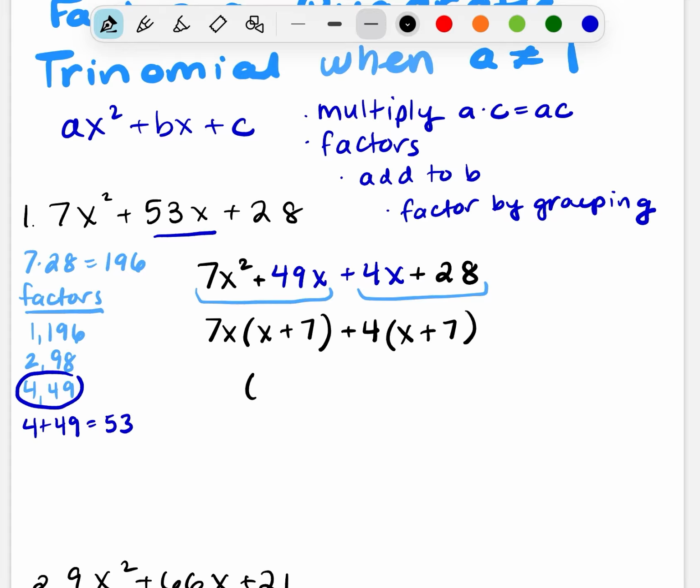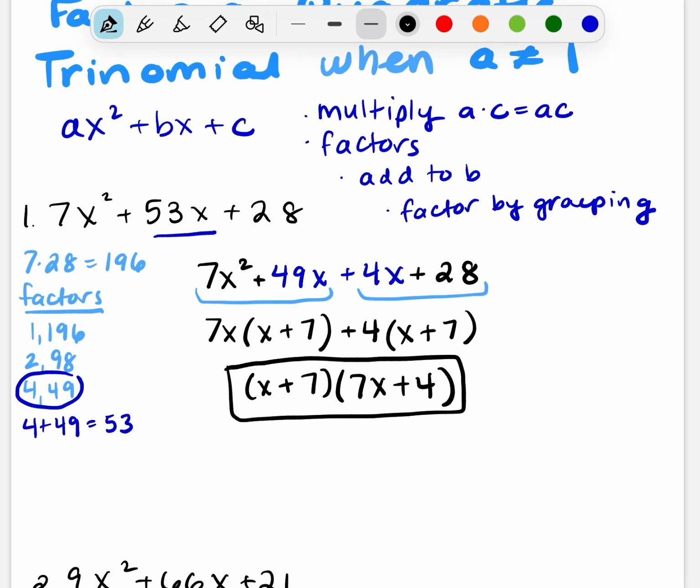Now I see that I have an x plus 7 in common from both of the factorings. So x plus 7 is now our greatest common factor, and I have 7x plus 4 left over. And that is how we factor our quadratic trinomial there.